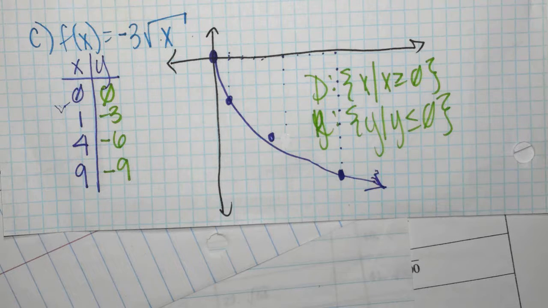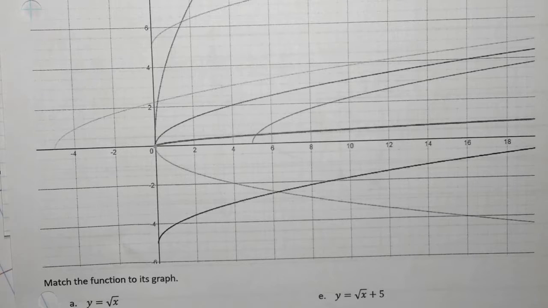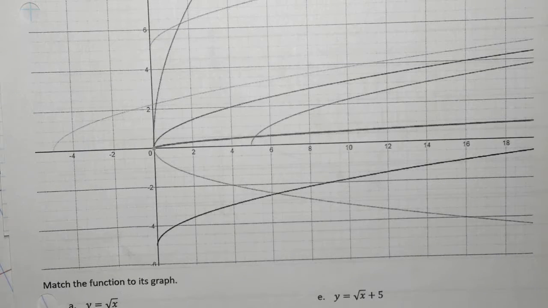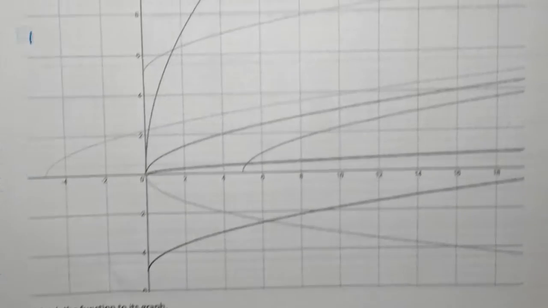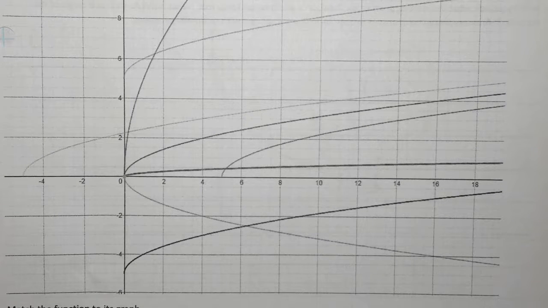For B, the range was greater than or equal to 0. I'm sorry, Emily, I'm sweating over here. Why are you looking at me?